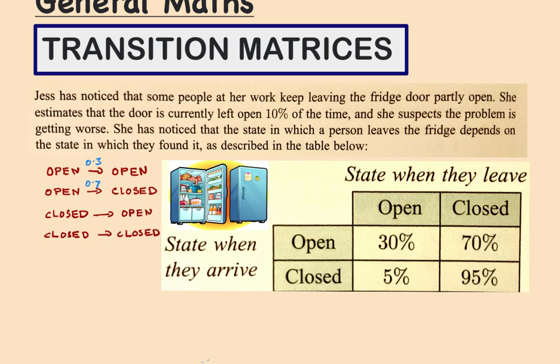And similarly, if the fridge is closed when they arrive, then there will be 0.05 that it will be open, and 0.95 that it will be closed after they leave.